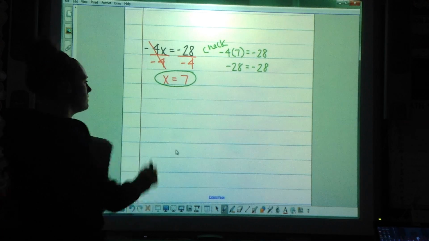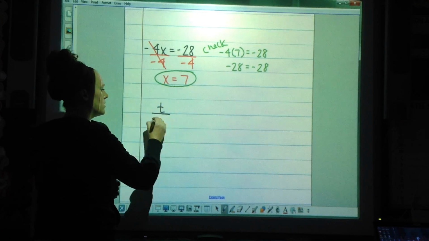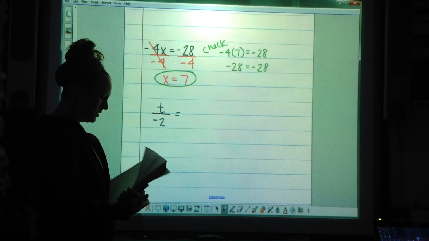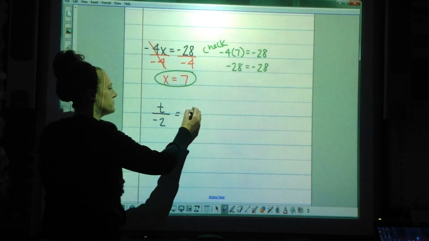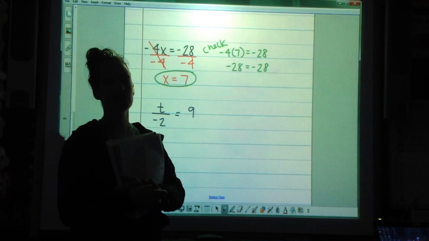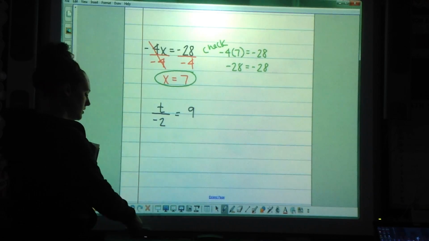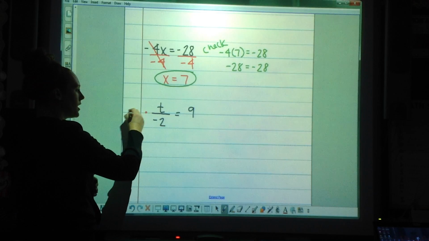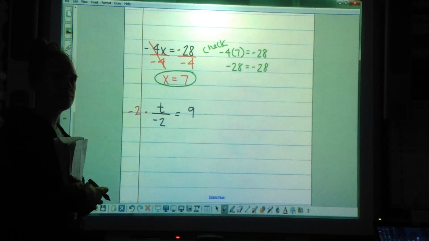Let's try t divided by negative 2 equals 9. Fraction bar means divide, so the inverse operation would be to multiply. I'm going to show multiplication by putting the dot off to the side.